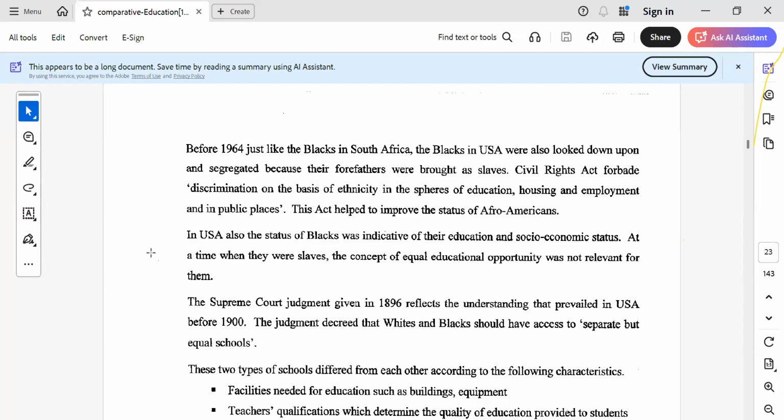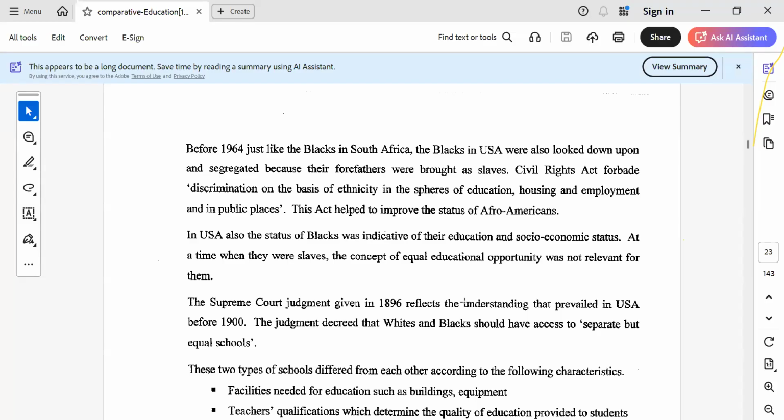So in the USA also, the status of blacks was indicative of their education and socio-economic status at a time when they were slaves. The concept of equal educational opportunity was not relevant for them. Slaves means they have to work only, right?